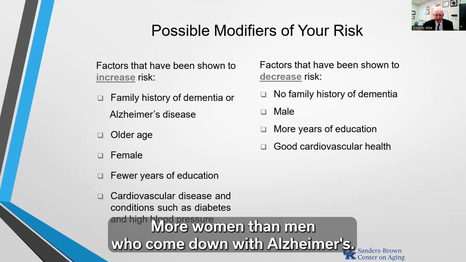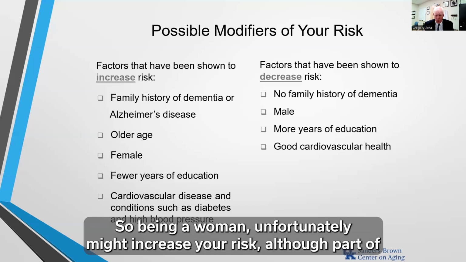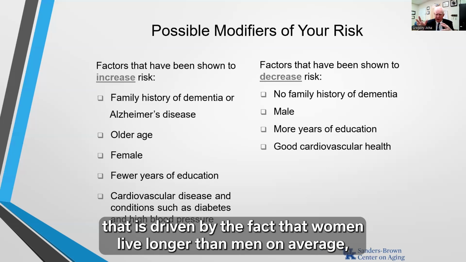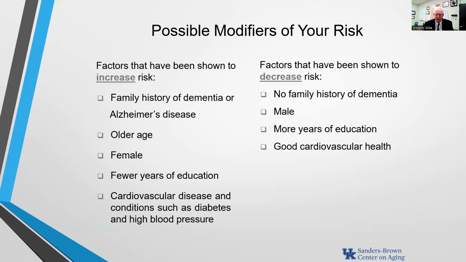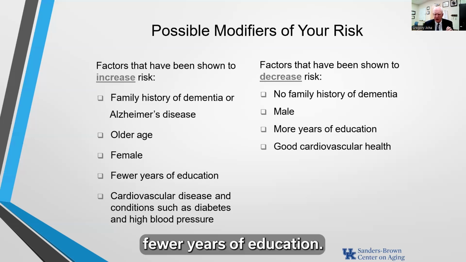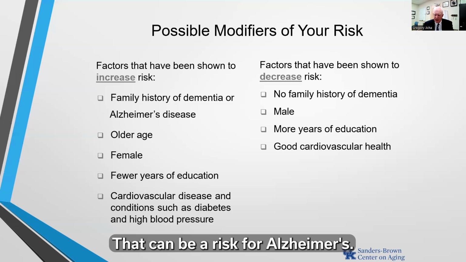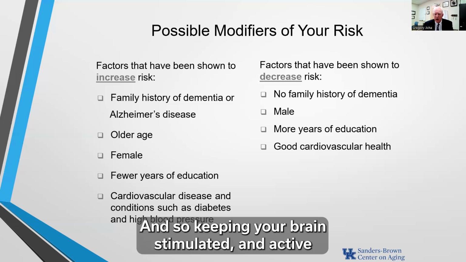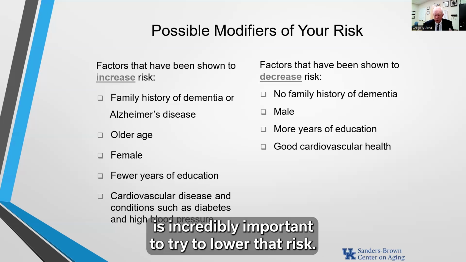More women than men come down with Alzheimer's, so being a woman, unfortunately, might increase your risk, although part of that is driven by the fact that women live longer than men on average. Fewer years of education can be a risk for Alzheimer's. And so keeping your brain stimulated and active is incredibly important to try to lower that risk.